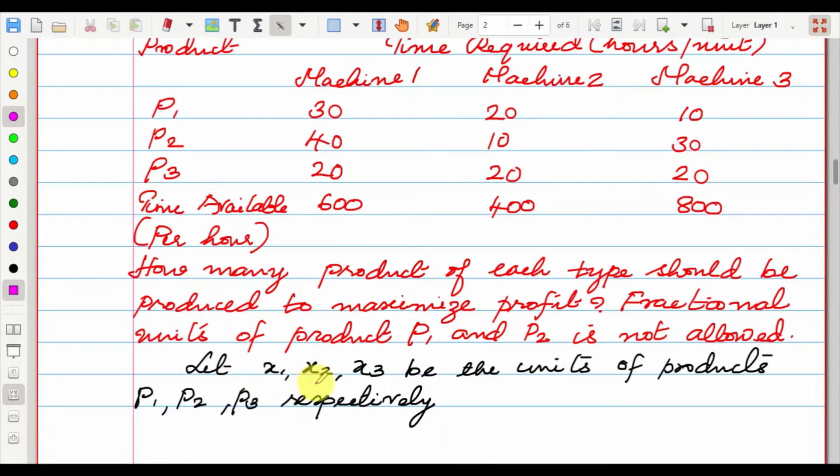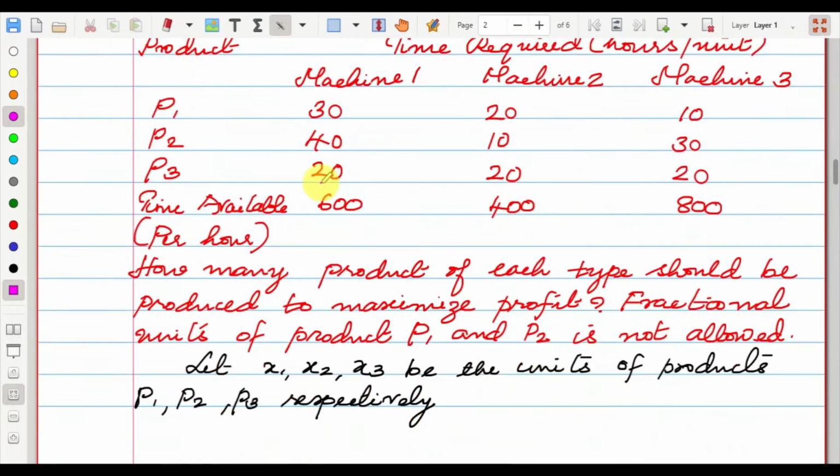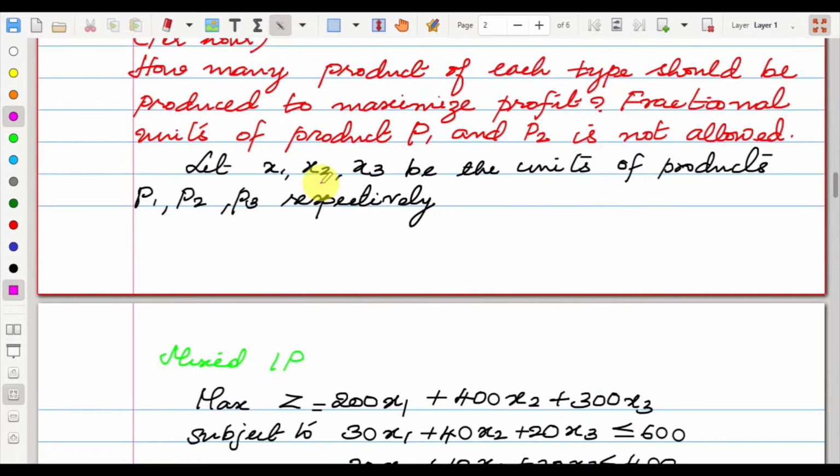So let x1, x2, x3 be the units of products P1, P2, P3 respectively. And it is given that which yields per unit profit. That means this one is the objective function. So for product 1 it is 200, for product 2 it is 400 and for product 3 it is 300. So how will you write the objective function, z equal to?